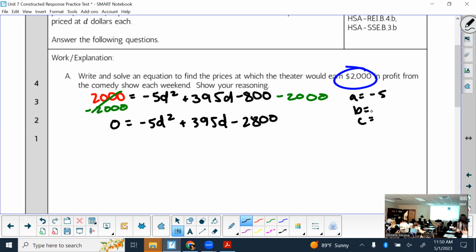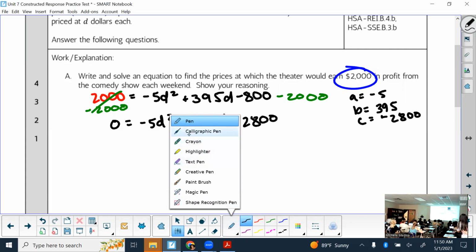Dylan? For B, it is 395, good. Alex, what's my C? Negative 2800. All right, good.